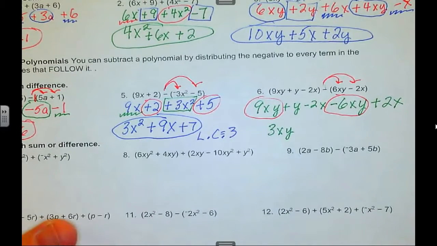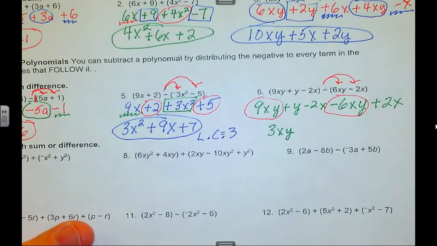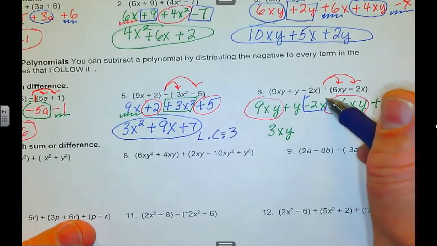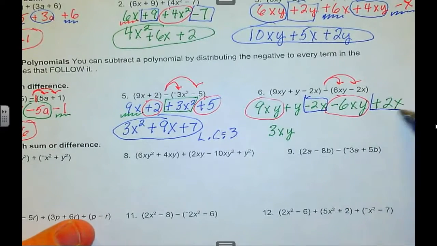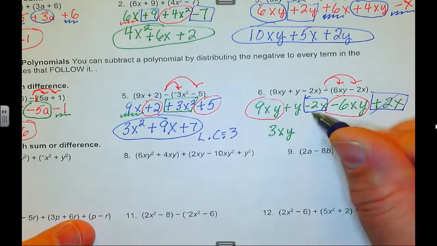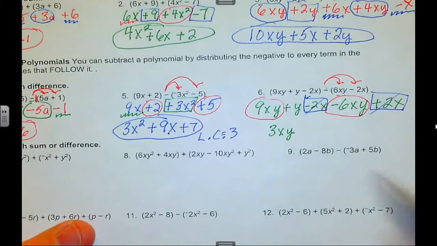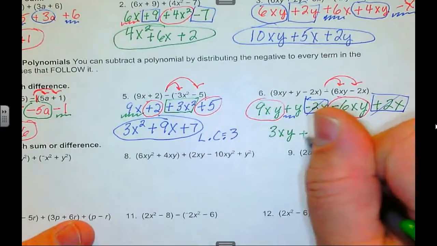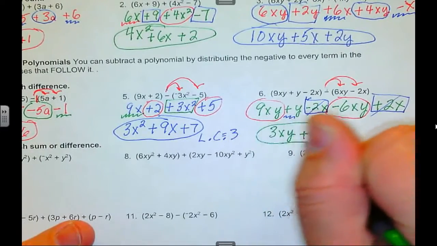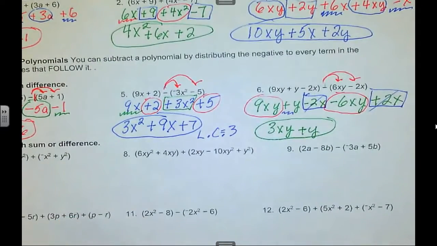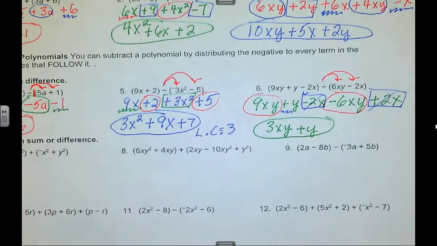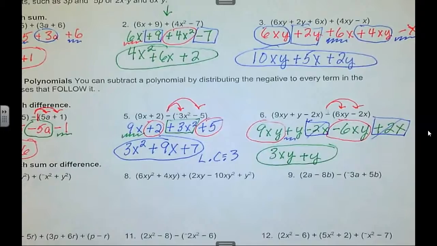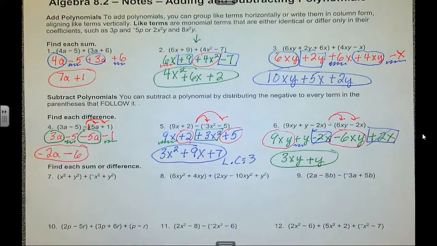I have a choice, the x's or the y's, doesn't matter. I'm going to do the x's. Minus 2x plus 2x. Actually, these cancel out, right? So all I have left is plus y. Okay?